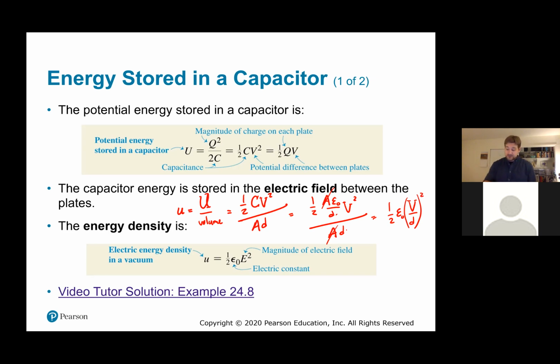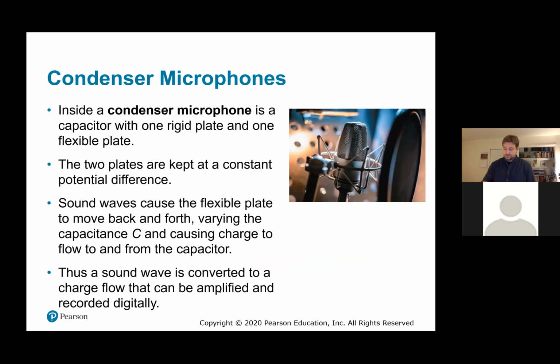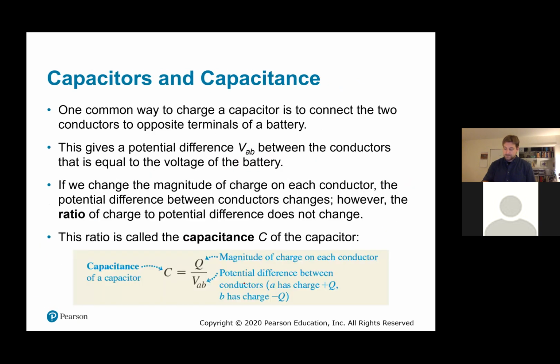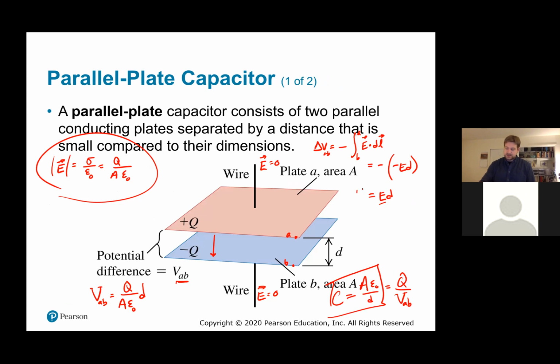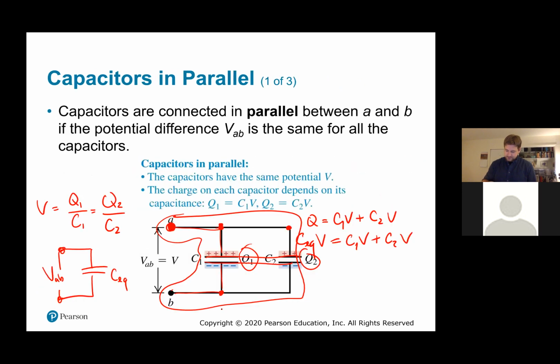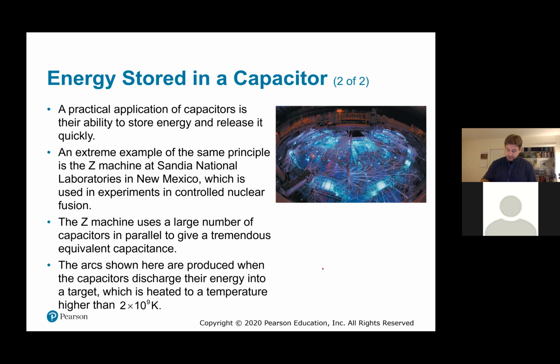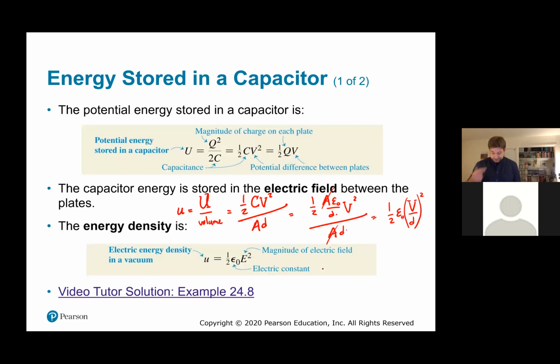And if we look back several slides, the potential difference is related to the electric field. If we divide both sides by d, we get the electric field magnitude. Whoops, that's where we were, sorry.